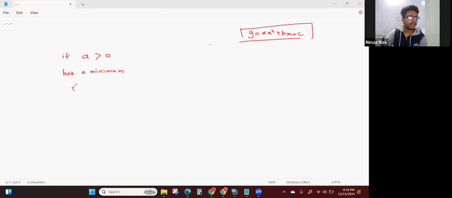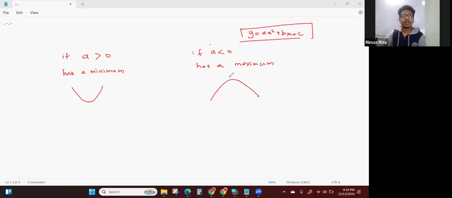so the graph will be like this. Okay, so you can find there is a minimum point on the graph, and then if a is less than 0, it has a maximum. That means the graph has a maximum point, like you climb a mountain. So when you climb a mountain, there is a maximum height at the peak, right?